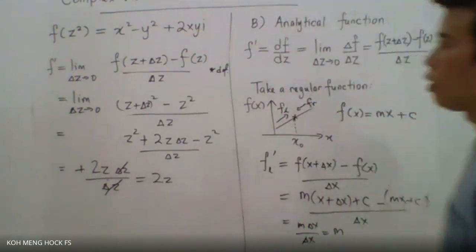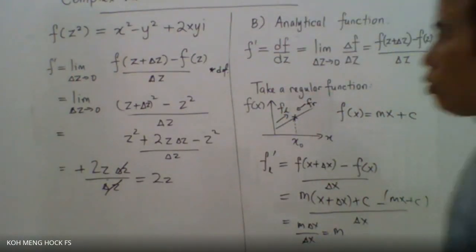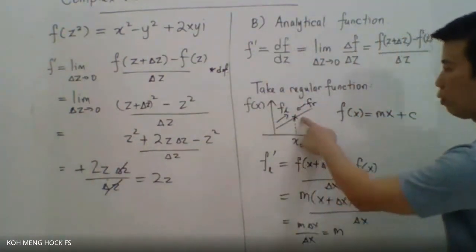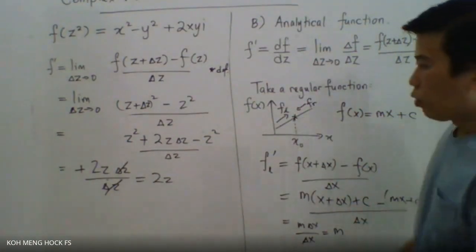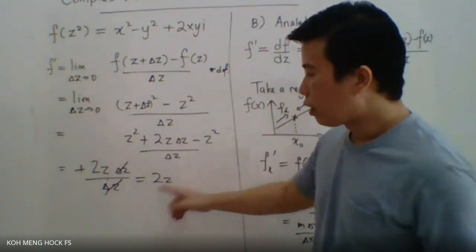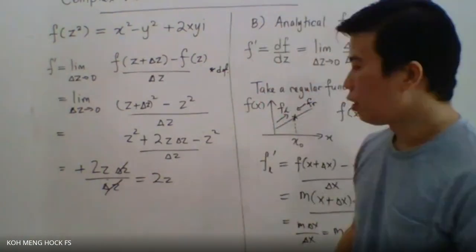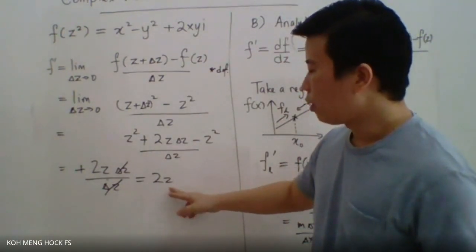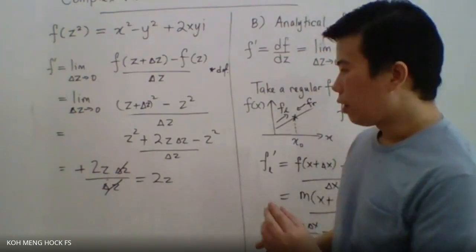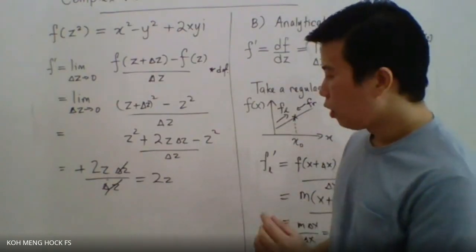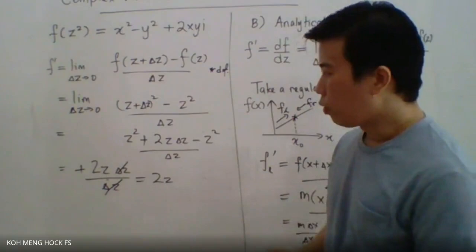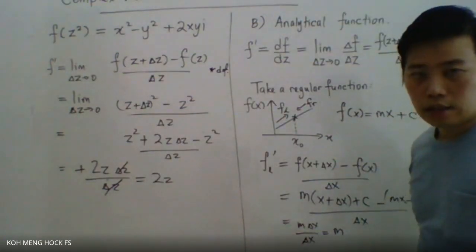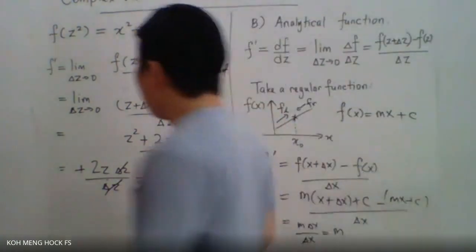Because it doesn't matter how delta z approaches 0. So delta z approaches 0 means you akan sampai kepada point yang you nak. So in this case there is no delta z because delta z and delta z cancel. So it means this function is analytical because delta z is how you approach that point, so there is no dependence on that. So this function z squared is analytical.